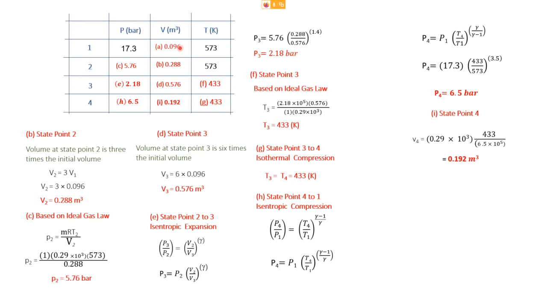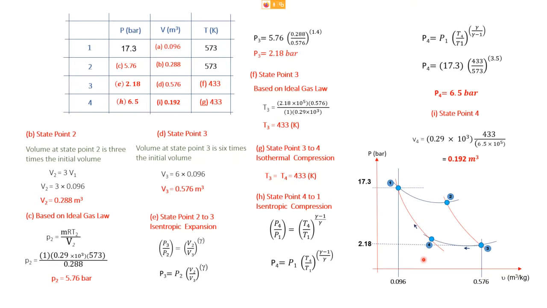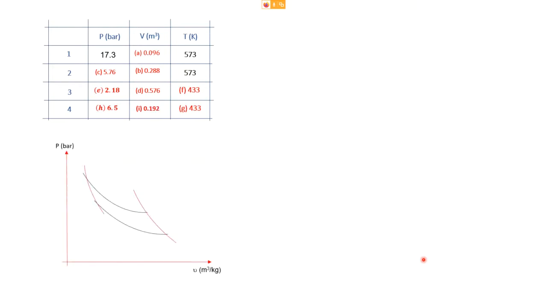So you fill up the whole table. Once you fill up the whole table, you can find the network, the work ratio, and so on. And once you have got these tables, redraw your PV or TS diagram accurately. We need to make use of the PV diagram later on. There is something wrong with this diagram already. Please double check the whole thing.